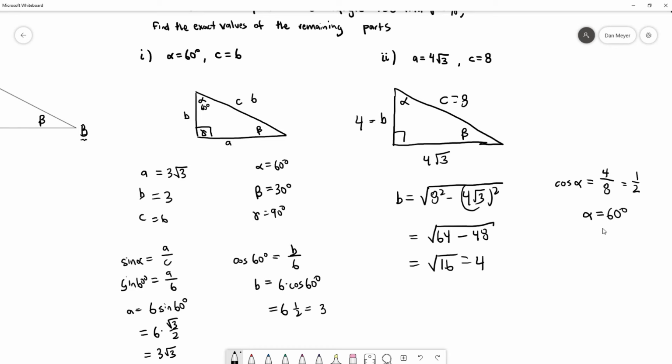Actually, we just did that, right? I didn't intentionally pick this one to work out to be the exact same triangle, or at least a similar triangle. It's not the same triangle, it's a similar triangle to the previous problem. And that must mean that beta is 30 degrees, because in a right triangle, the two acute angles have to add up to 90.